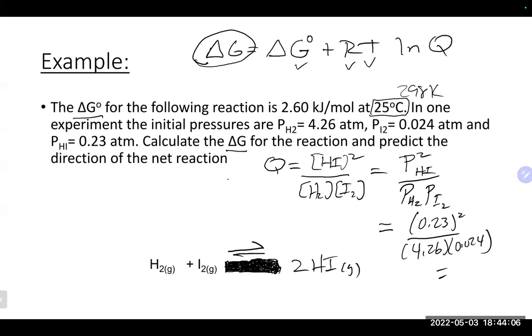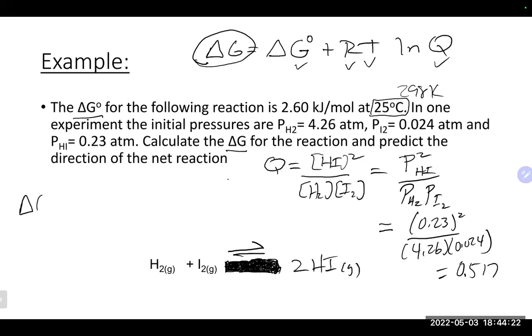If I didn't mess up here, I got something like 0.517 as my Q.